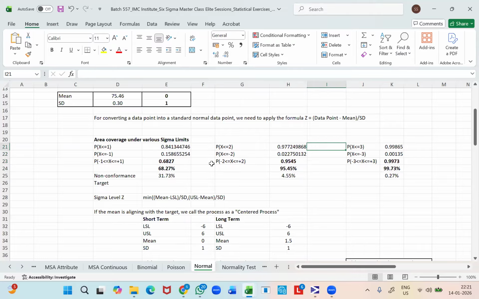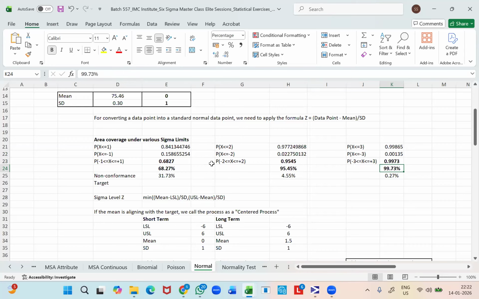And then the area between +3 and -3. Again, we find the entire area to the left of +3, and subtract the area to the left of -3. We get the area between +3 and -3, which is 0.9973, or 99.73%. It's important for us as a black belt to remember all these three values.